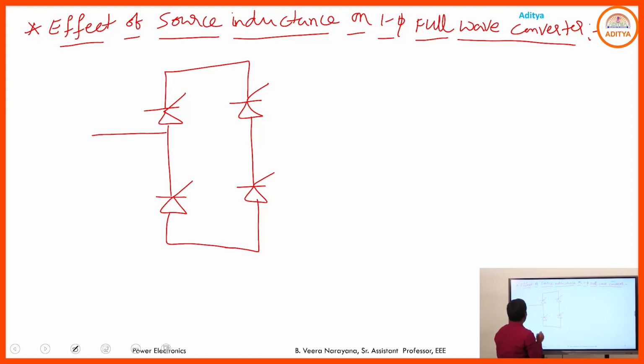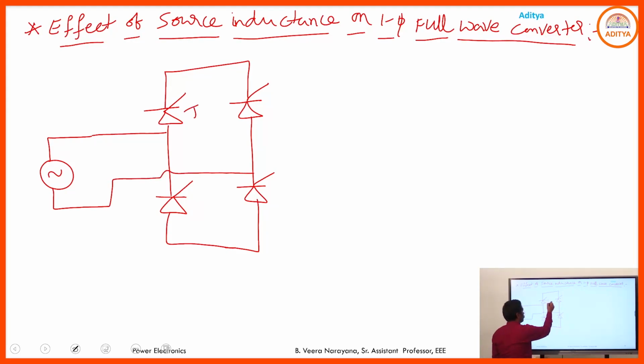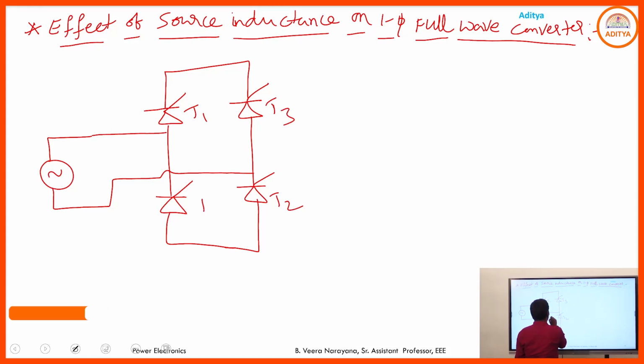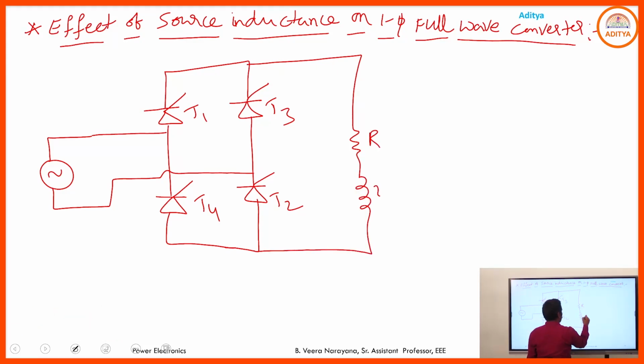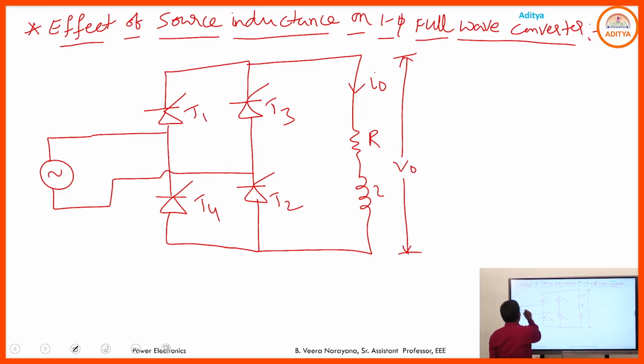Here you have the source, T1, T2, T3, T4, and here you have the load. If you go through the RL load, then this is the circuit diagram representation. Here Vs is equal to Vm sin omega t.